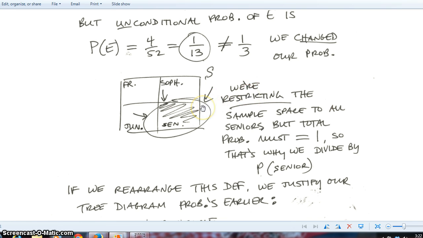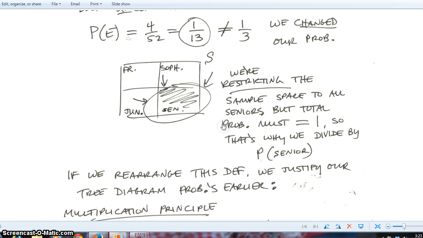Well, the seniors had probability 1/4. So if we want to make that 100%, we have to divide by 1/4 so that the probability of all seniors is 100%. So conditional probability is a way of changing the sample space, restricting it to a smaller event.